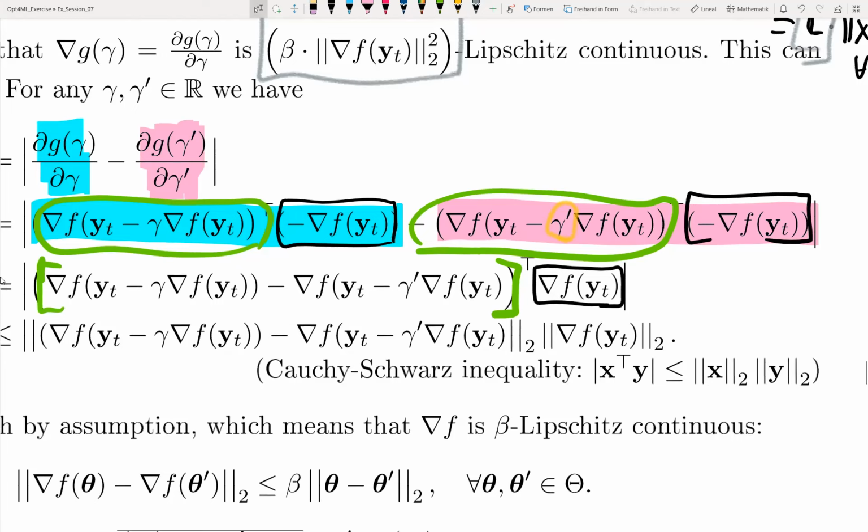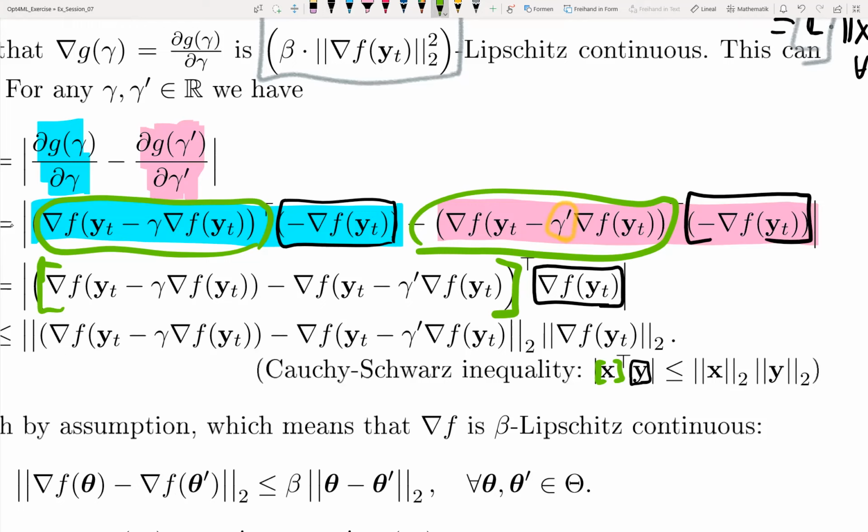And we had a hint for this exercise sheet, namely that you should use the Cauchy-Schwarz inequality, and this is exactly the place where you should use it, because now what you have here is the x is what is in the green bracket, the y is what you have here in the black box, and the inner product of any x and y, doesn't matter what they are, in absolute value terms is smaller than or equal to the product of the Euclidean norms of these two vectors respectively.